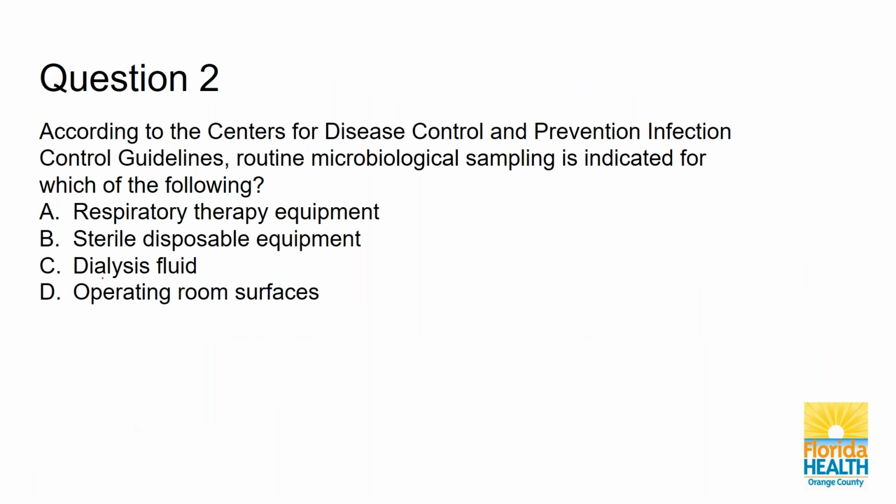Okay, question 2. According to the Centers for Disease Control and Prevention Infection Control Guidelines, routine microbiological sampling is indicated for which of the following? A. Respiratory therapy equipment. B. Sterile disposal equipment. C. Dialysis fluid. D. Operating room surfaces. So they are asking about routine microbiological sampling.